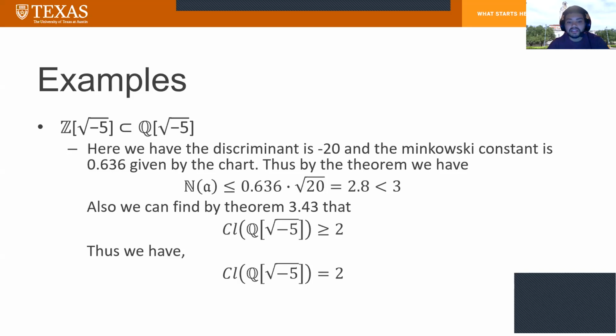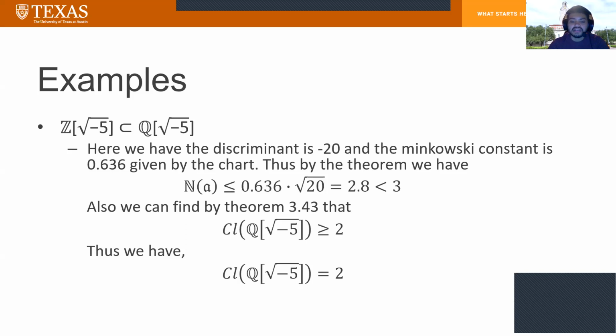By the previous theorem 3.43 we have that the class number of this field is greater than or equal to 2. How? Well, by similar logic of the example we had for theorem 3.43. Thus, we have that the class number of this field is equal to 2.